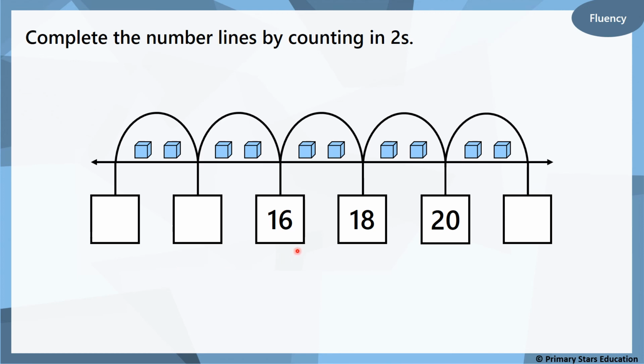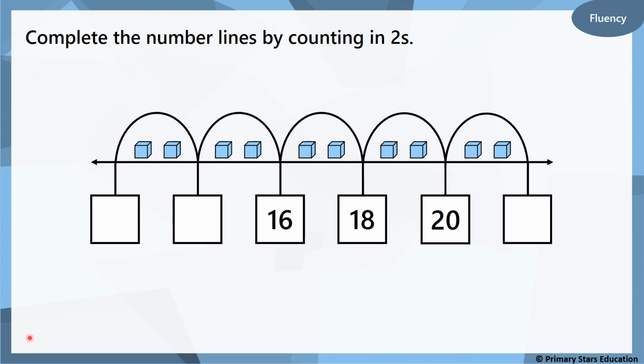So to solve this one, we need to have a look at this number 16 and we need to count back 2 because we're counting in twos. So count back 1 to start with would be 15. Count back another would be 14.